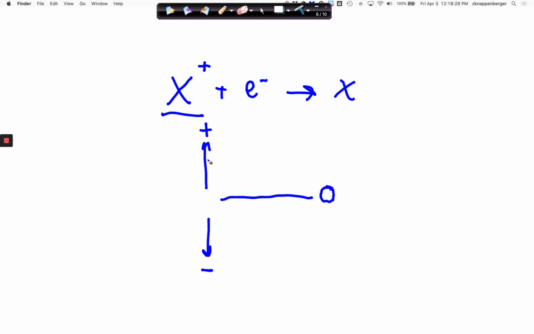We can have an example where we have two positive reduction potentials. When that's the case, whichever one has the higher of the two positive reduction potentials will be the one that will be reduced, that will be the cathode.